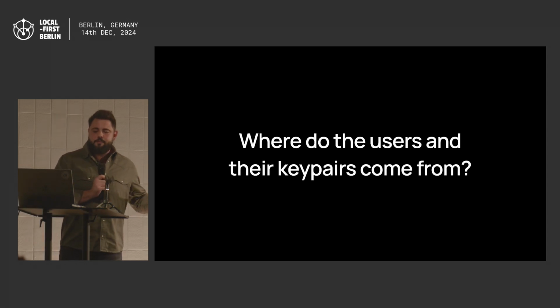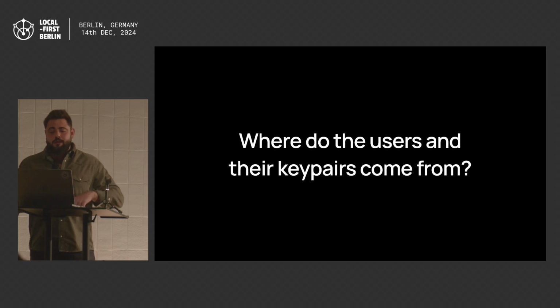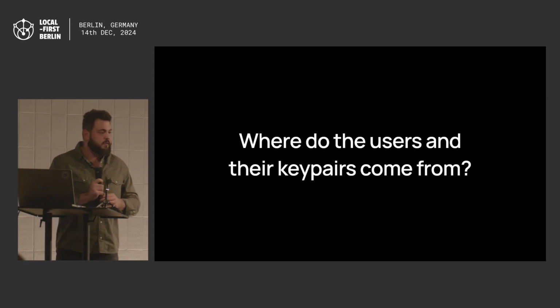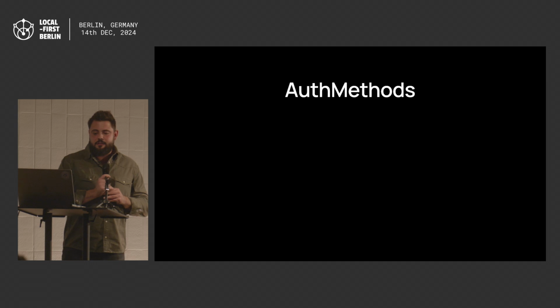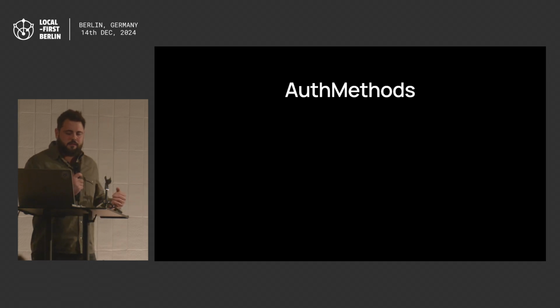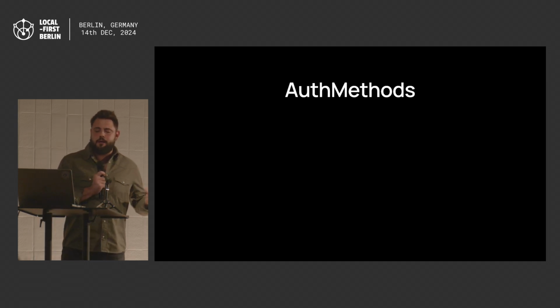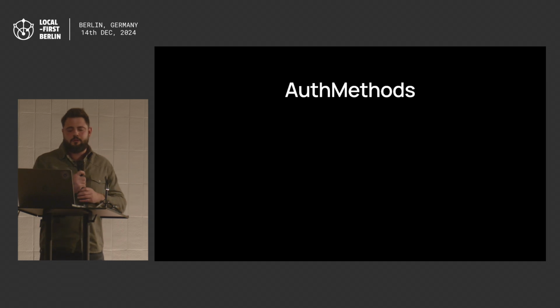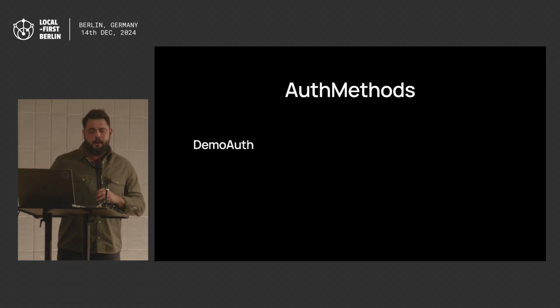One last thing, you might be wondering now where the users and their cryptographic key pairs come from. This is solved by auth methods in Jazz, which are easily pluggable and handle all the state management around sign-up and login.